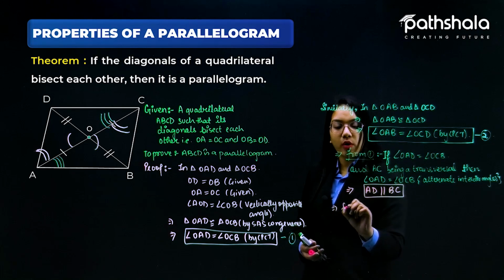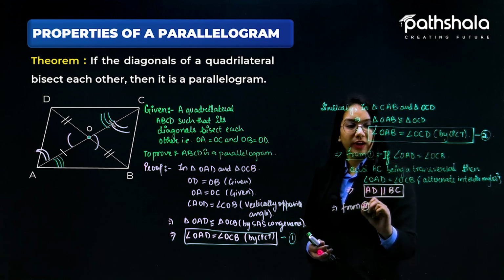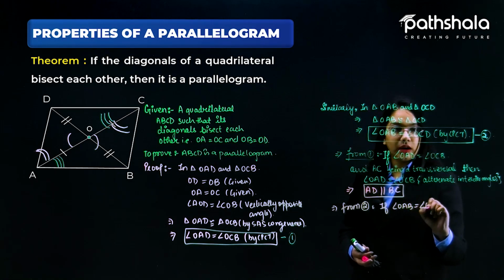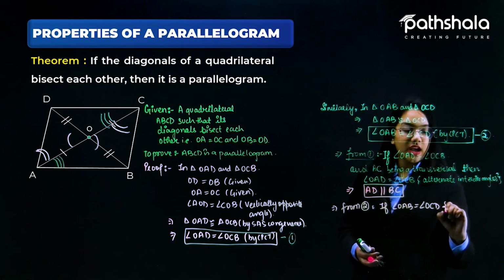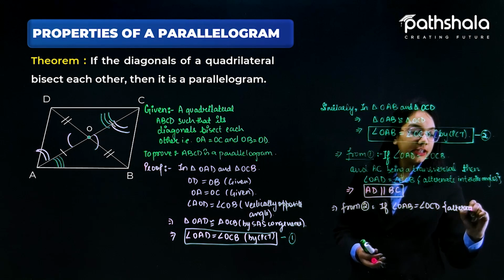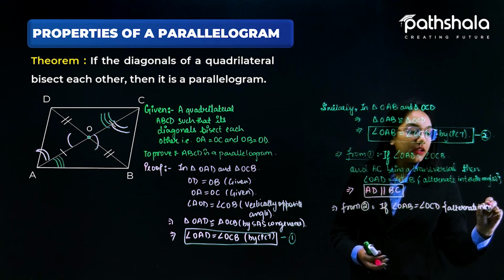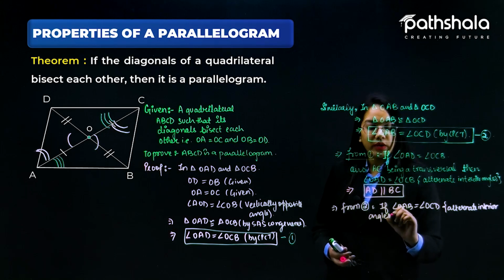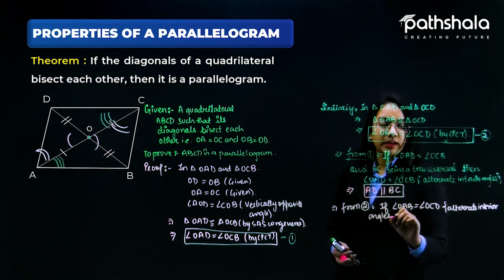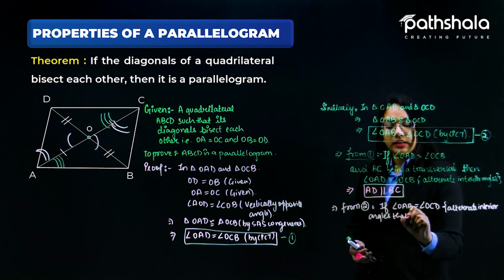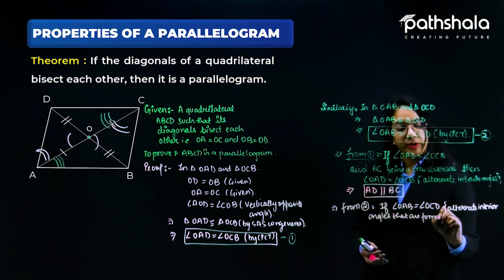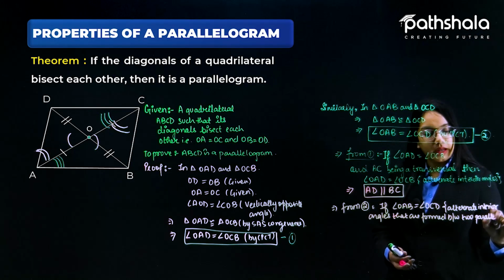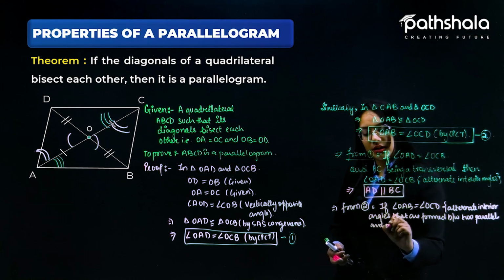And again, from equation number 2, angle OAB is equal to angle OCD, and they form a pair of alternate interior angles formed between two parallel lines and a transversal.